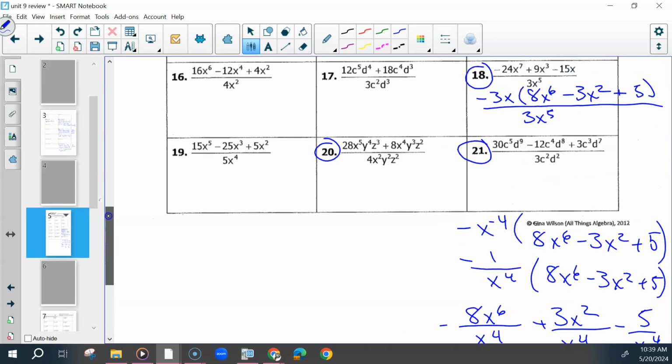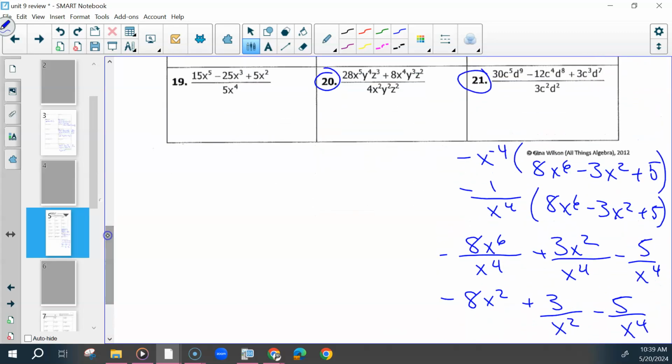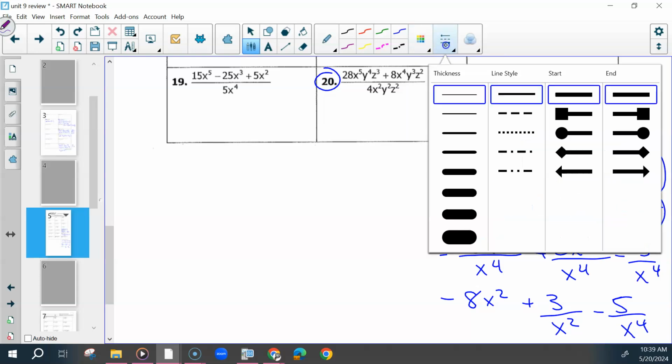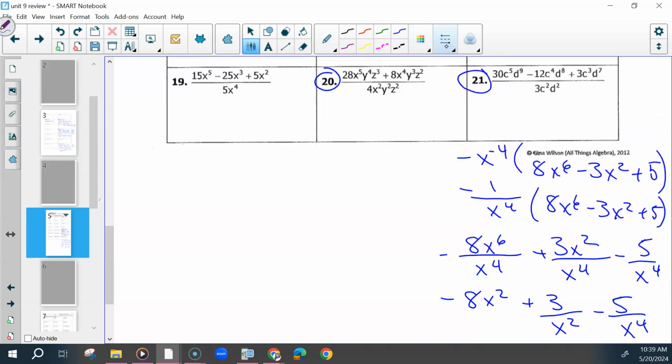That was 18. So 20. Do we want to separate or GCF? If I separate these, rewrite each piece, each term over the denominator.